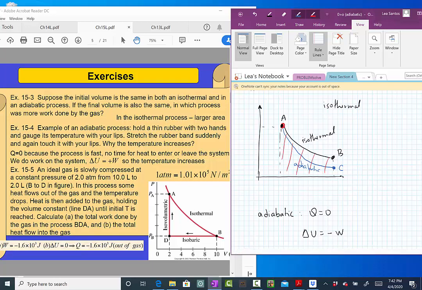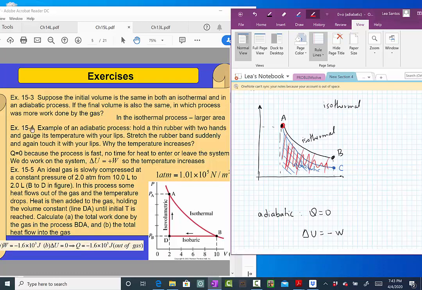Because for the adiabatic, it's just this piece here, the work. So more work is done in the isothermal process because we have this larger area underneath the curve.